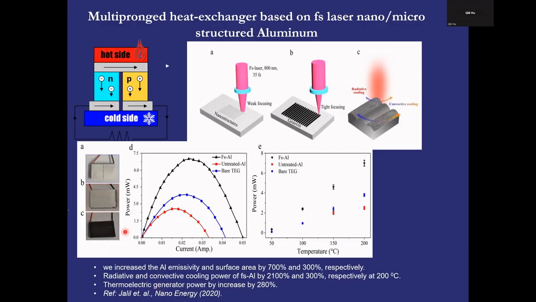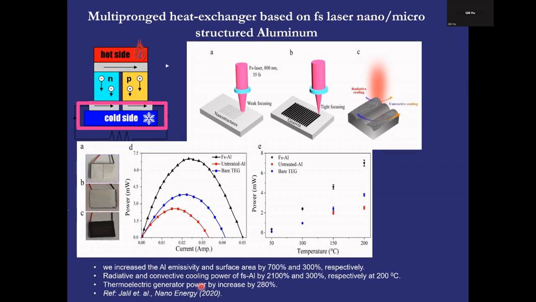Well, what about the cold side? As I mentioned, the black metal is also a good emitter. So we actually patterned the surface, specifically to enhance the emission. And afterwards, we demonstrated we can enhance the aluminum emission efficiency by a whopping 700%.